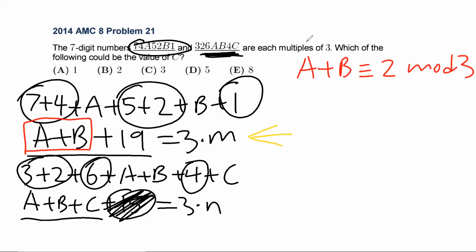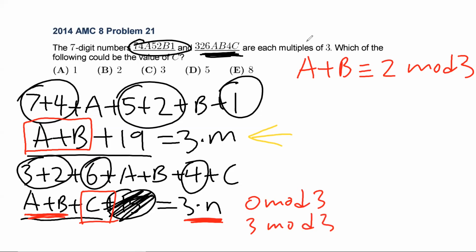Okay, so since you know that A plus B is 2 mod 3, and that number plus C is equal to another number that's a multiple of 3, or you could say that this is 0 mod 3, or even 3 mod 3, then you know that C has to be 1 mod 3.